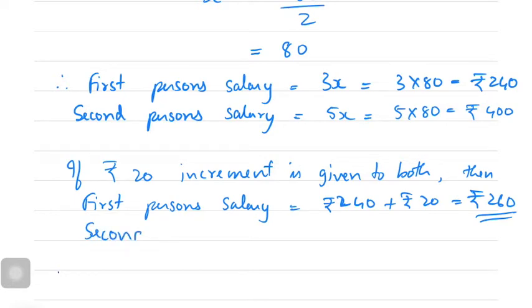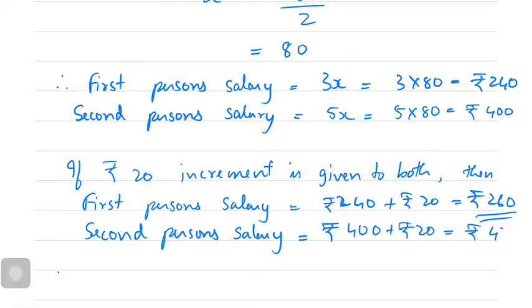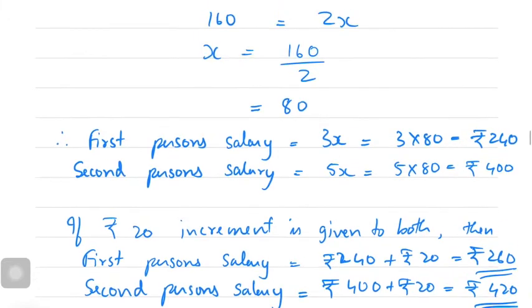And second person salary, which is rupees 400 plus rupees 20, so rupees 420. Okay, so you can check whether the ratio 260 and 420 is 13:21 or not. Okay, so salaries are asked and we have computed.